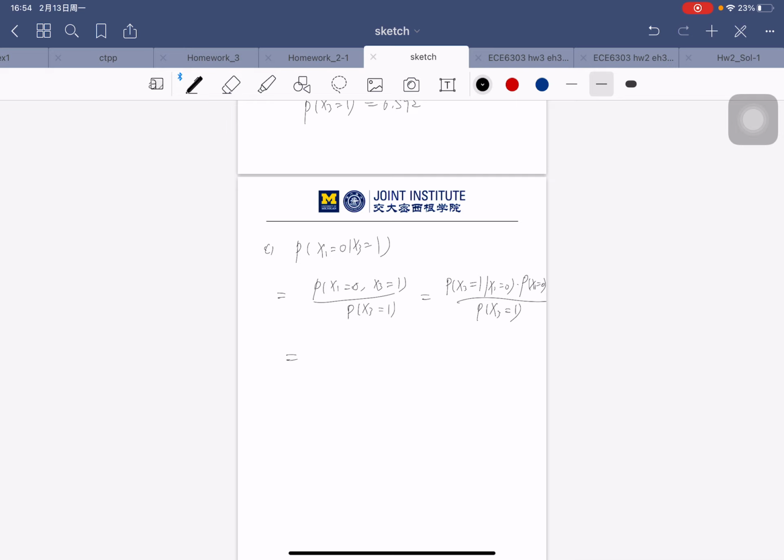So our problem becomes to solve what's this probability.